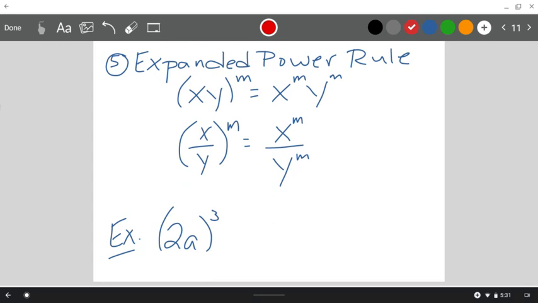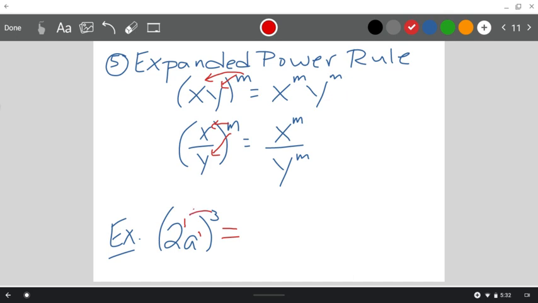Expanded power rule. I just did one of those actually, where you have more than one thing in the parentheses raised to a power. So you multiply the exponents, sort of distribute that out. If it's a fraction, same thing. So like I said a minute ago, for a problem like this, the 2 has an exponent of 1, so does the a.